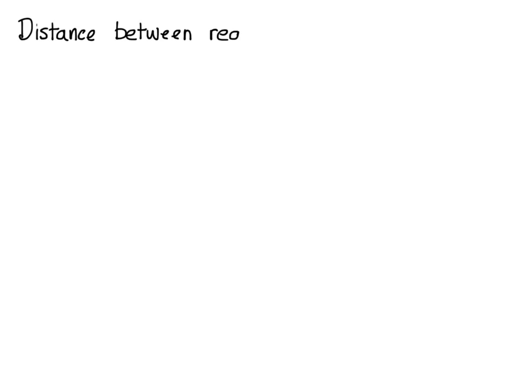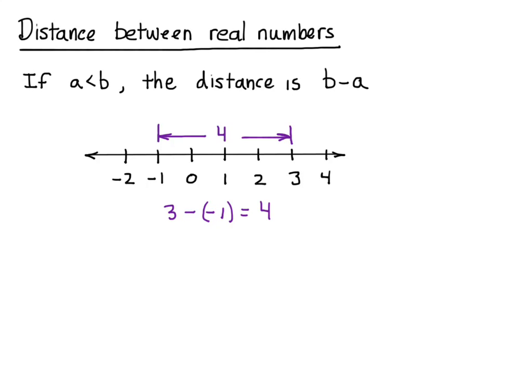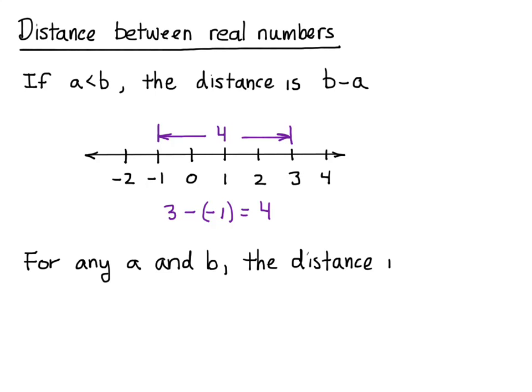Now with that notion of the size, if you think about the distance between real numbers, there's two ways we can look at it. You can say the distance between -1 and 3 is 3 minus -1, which gives 4. Or if we look at it as any a and b and put it in the absolute value, then you don't really care if b is bigger than a or not.